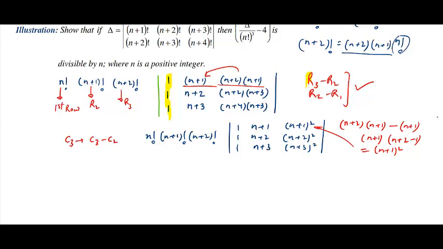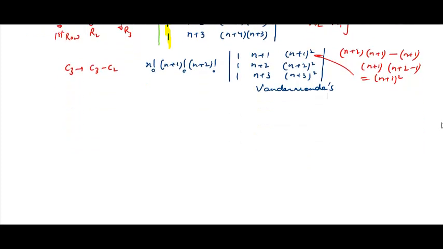All right, and now the advantage of this is that you get a standard Vandermonde determinant, and we know its value. This is n factorial, n plus 1 factorial, n plus 2 factorial times the value of this determinant.